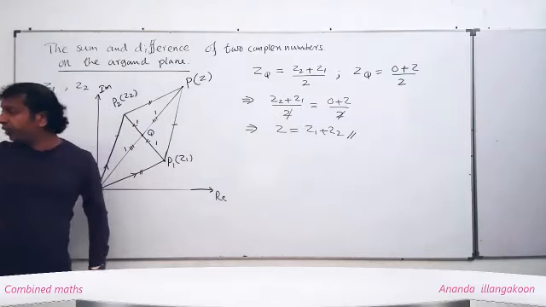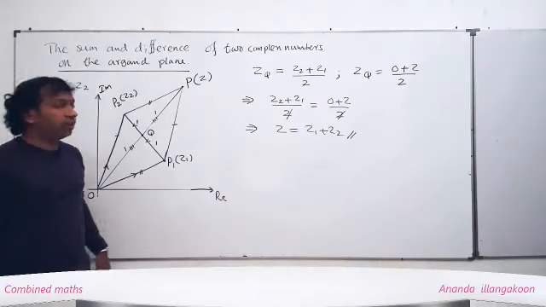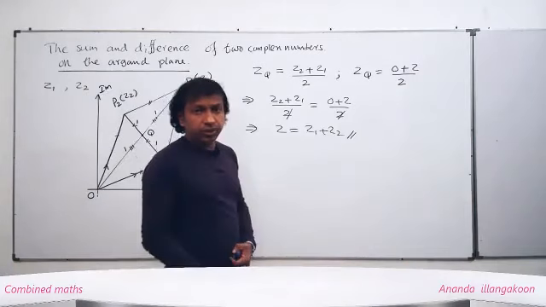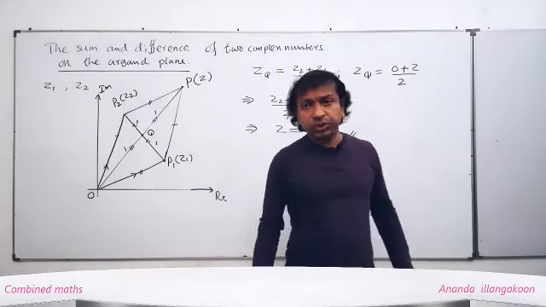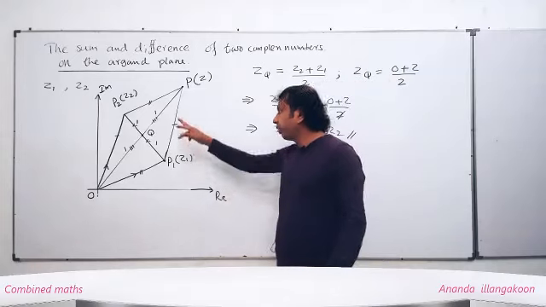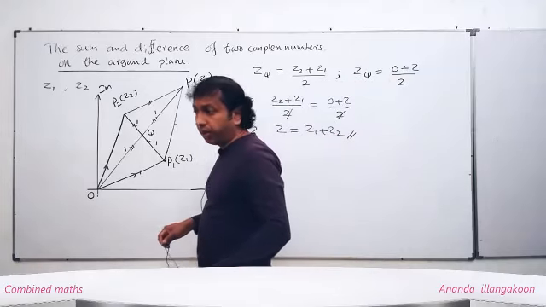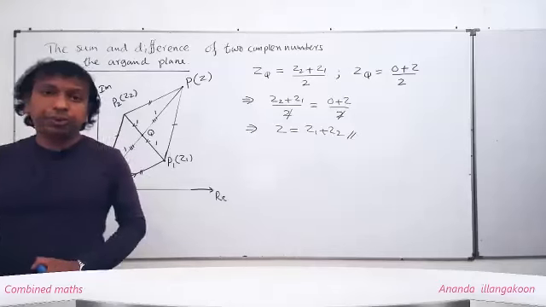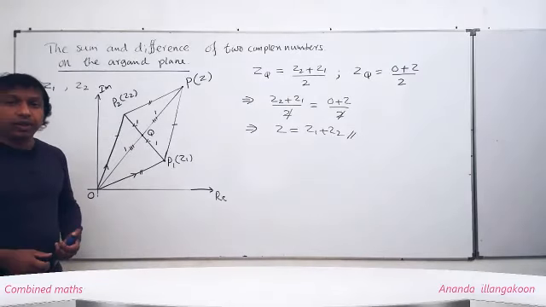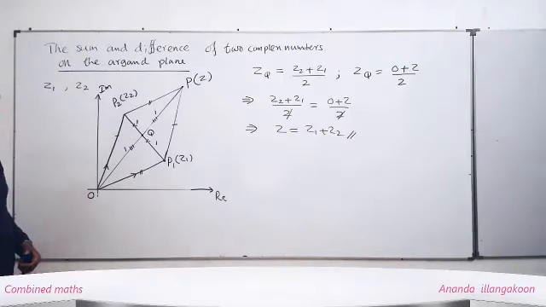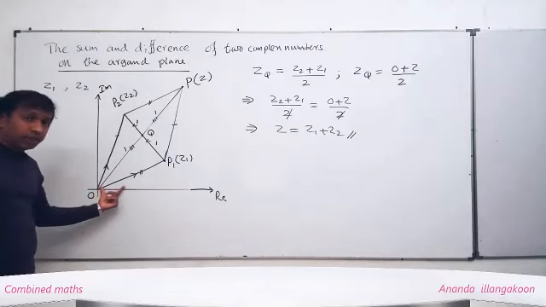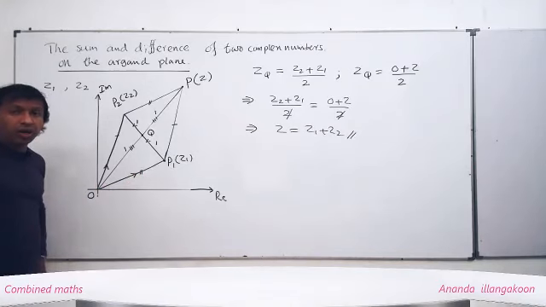So what is the geometrical way of marking the sum of two complex numbers? If the complex numbers are Z1 and Z2, they are represented by the points P1 and P2 respectively. Then the sum of the two complex numbers, Z1 plus Z2, is represented how? We construct the parallelogram such that OP1 and OP2 are its adjacent sides.